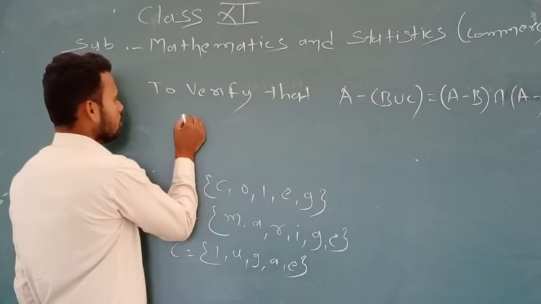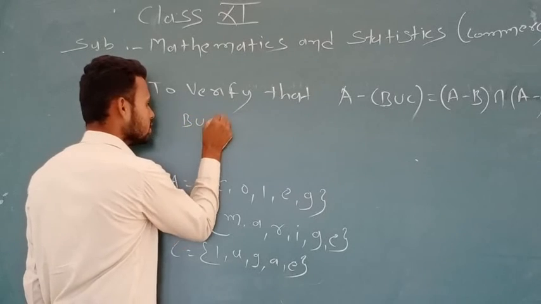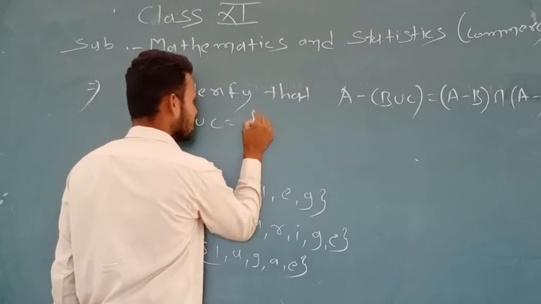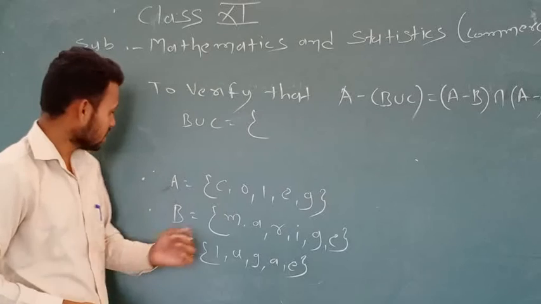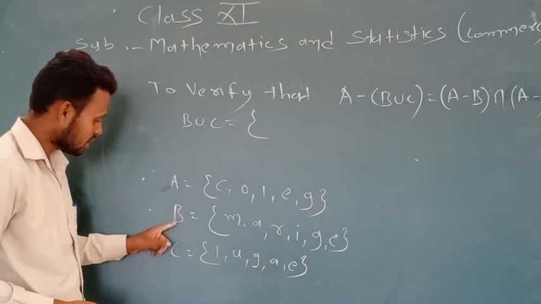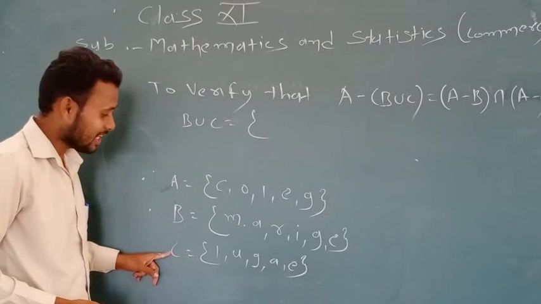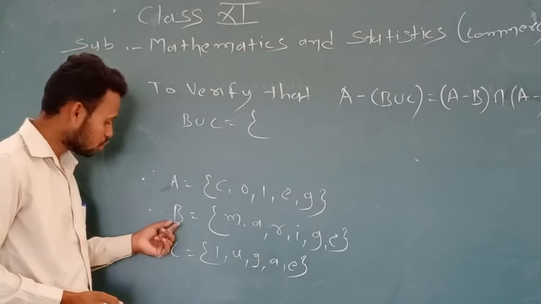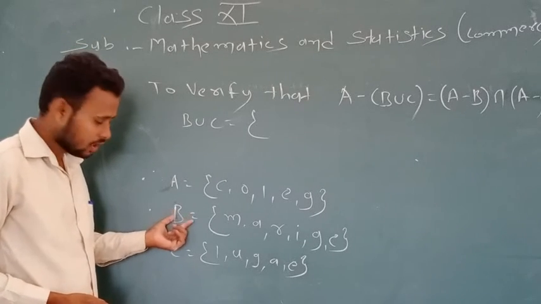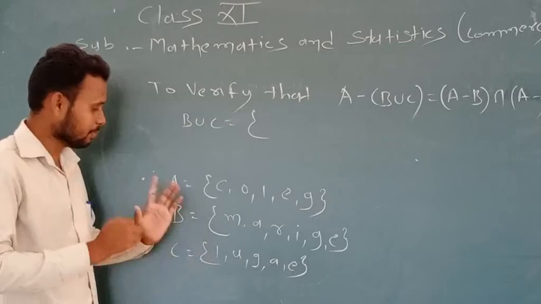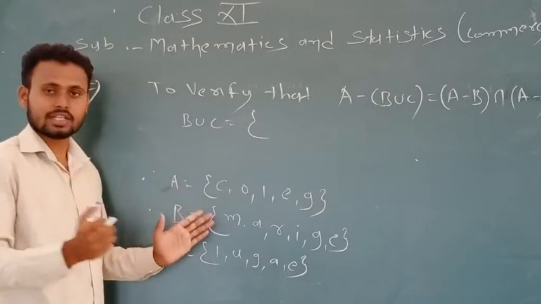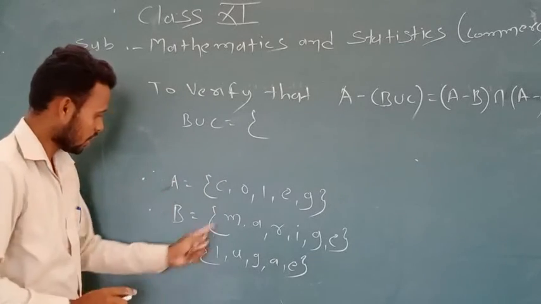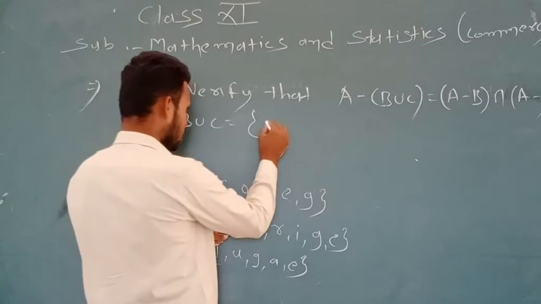Now next line, B union C, which is equal to set containing the elements B union C. Union means what? It is the collection of all elements which belongs to set B or C. It means simple, just the collection of elements of both sets. What will happen?